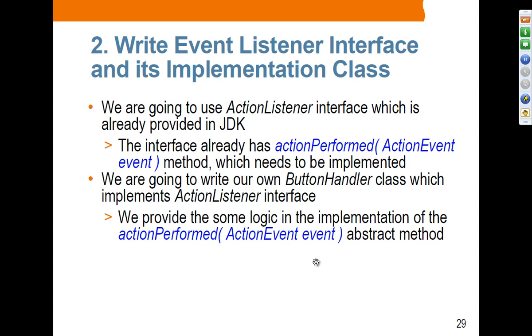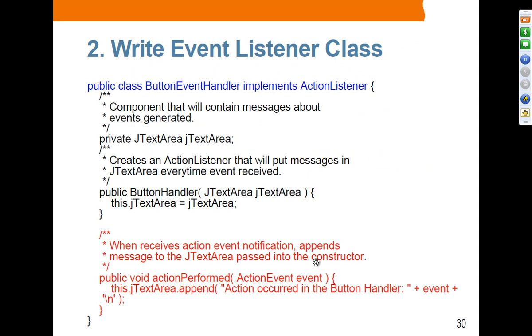Okay. And then you are going to implement this action listener interface. In our button handler class, that's our custom class, we are going to implement the actionPerformed method of this interface, providing the actual code. So this is the event listener class. Here, our button event handler implements the action listener interface, and the action listener interface has the actionPerformed method.